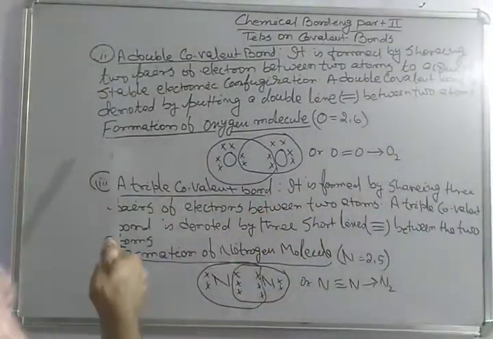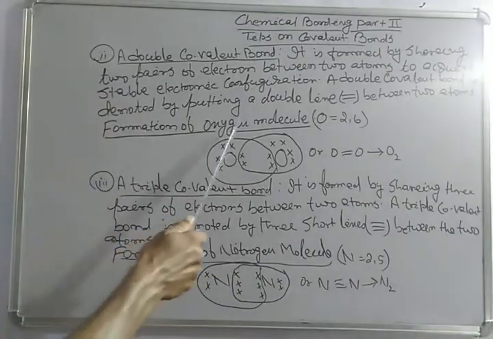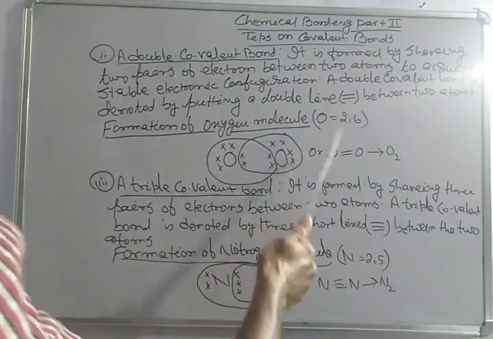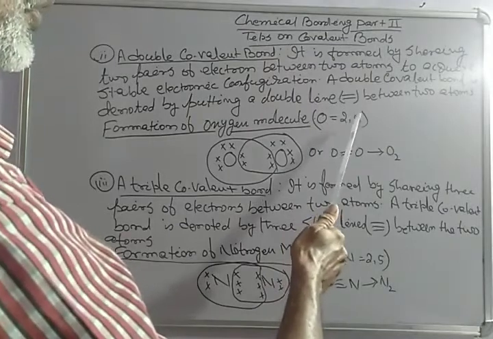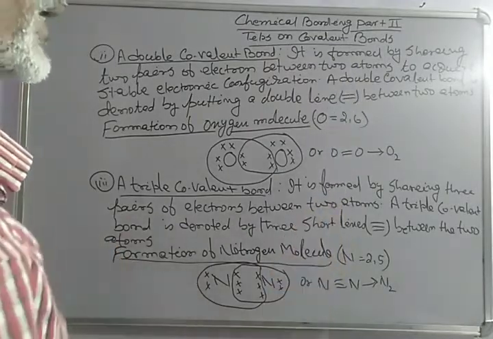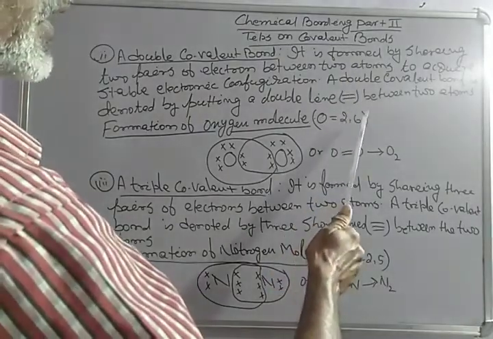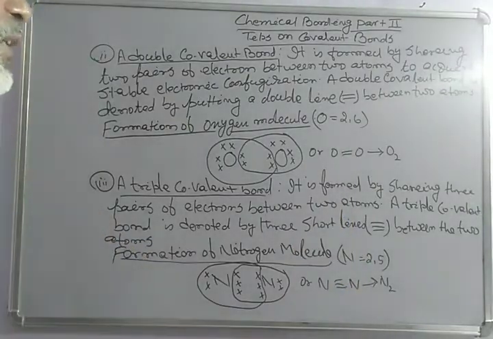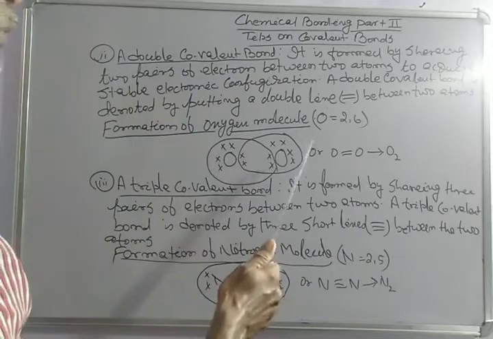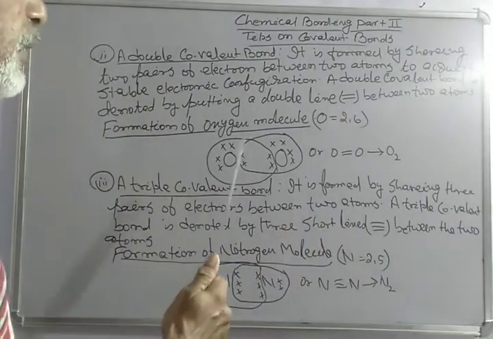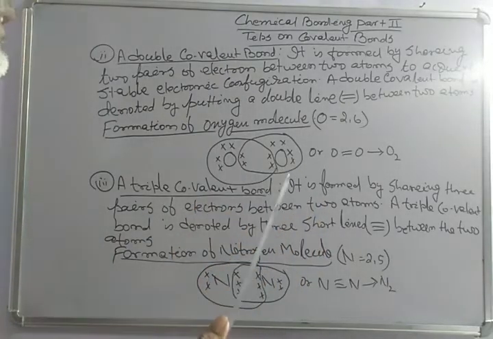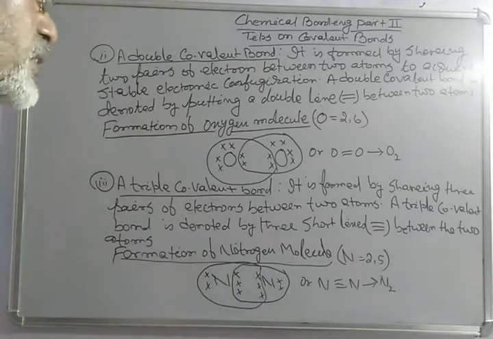For example, formation of the oxygen molecule. The atomic number of O is 8, so 2 in the first shell and 6 in the second shell. I am giving the dot diagram only for the last shell, taking the electrons in the last shell.